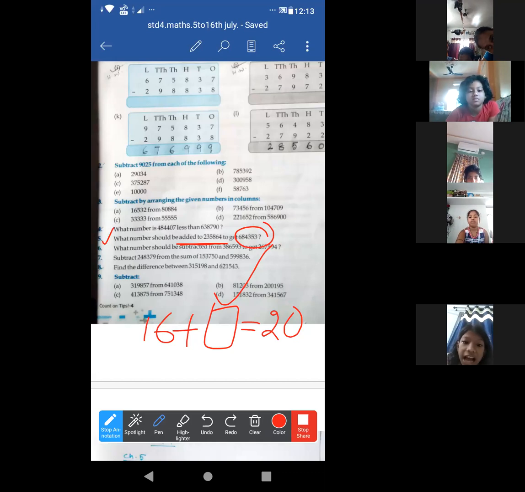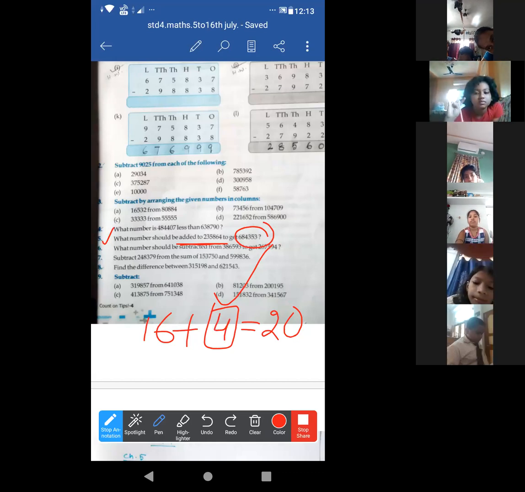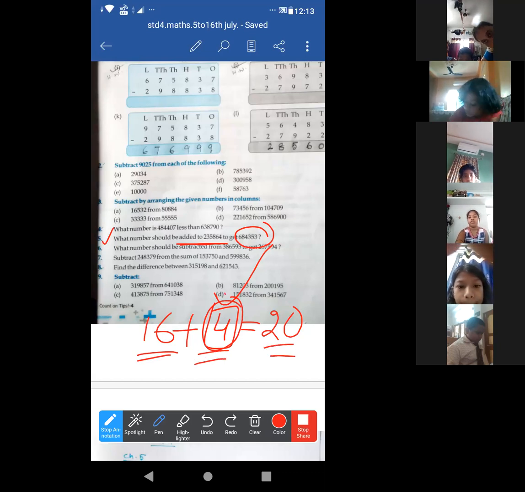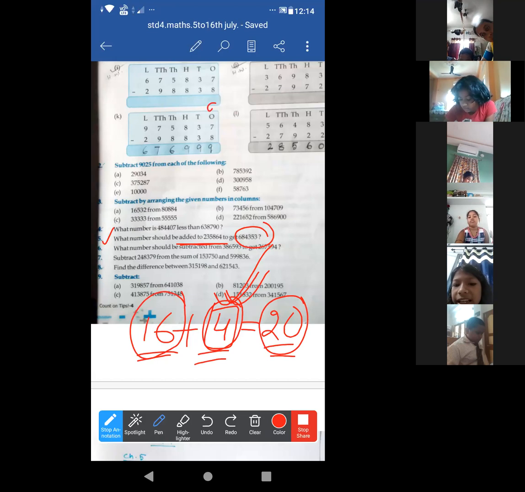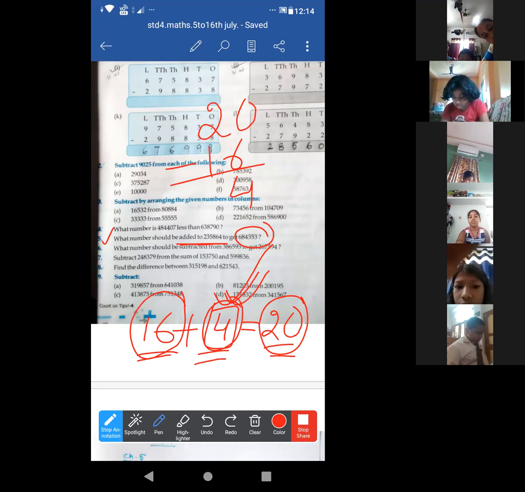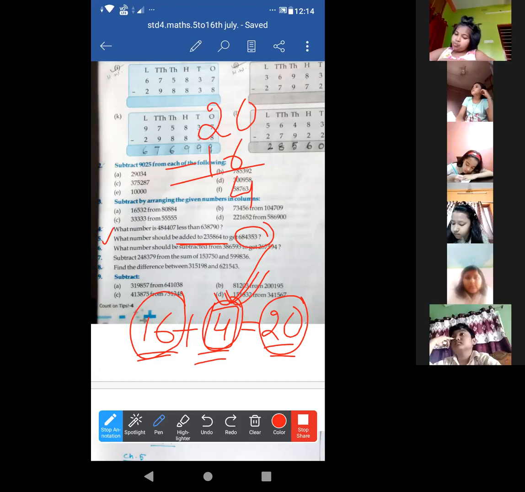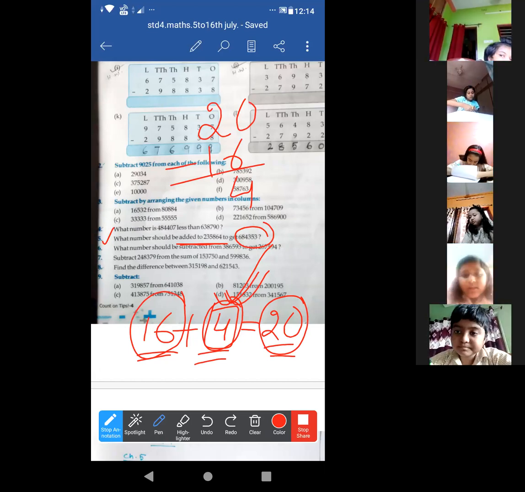That means 4, exactly. So how do we get this 4? This is a very small calculation, so by mind calculation we can see. But usually how do we get this 4? Look, this 20, the resultant value, minus this 16. Then we are getting 4. Is it clear?